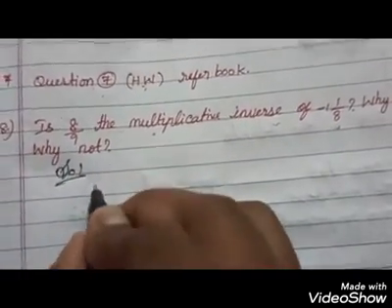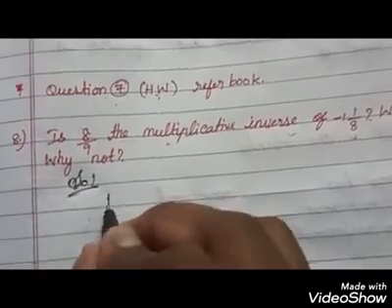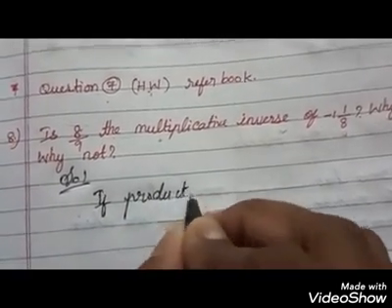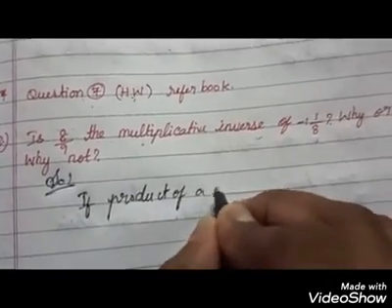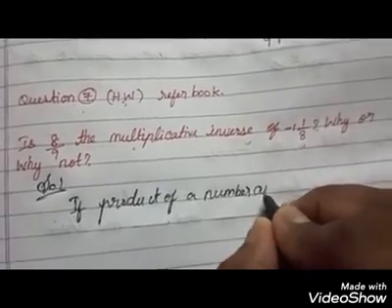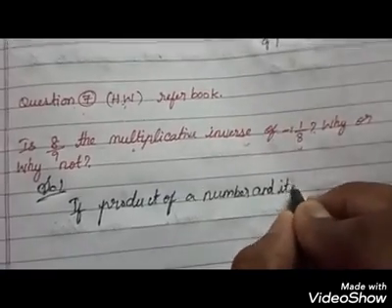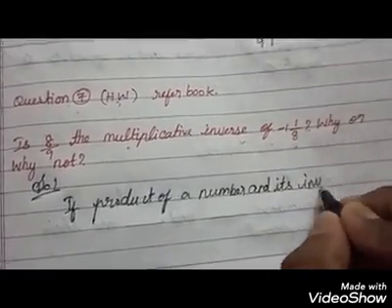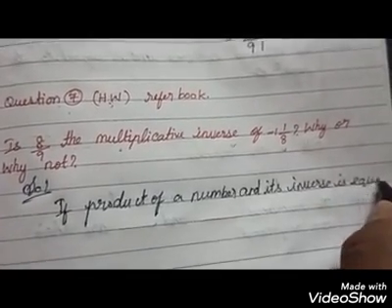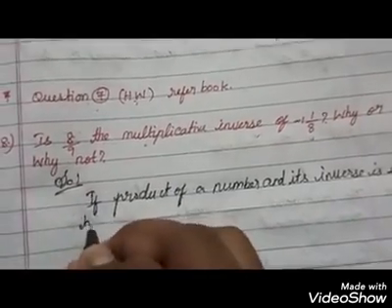The solution. Product of a number and its inverse is equal to 1.